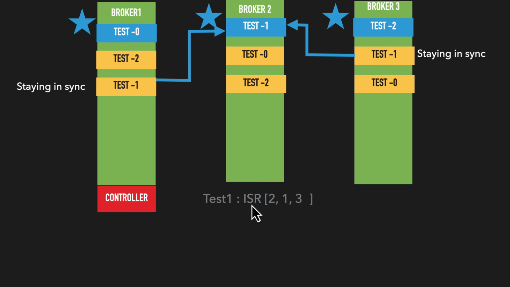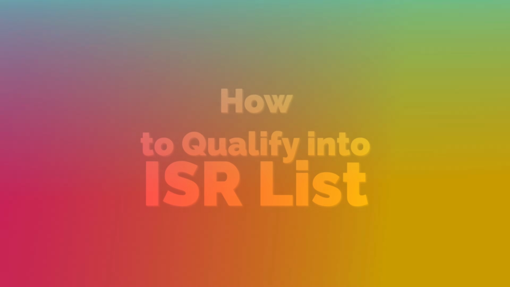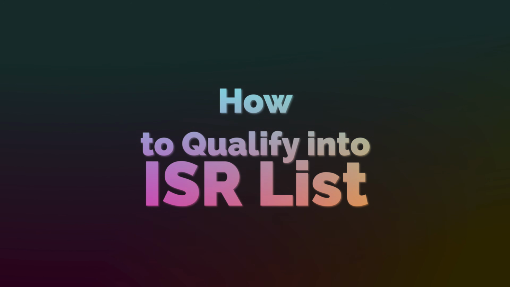So the ISR list is an in-sync replica list, which will keep on changing based on the replicas which are up to date or not. And that will be maintained by broker 2, which is the leader broker, where the leader partition is available for test1.